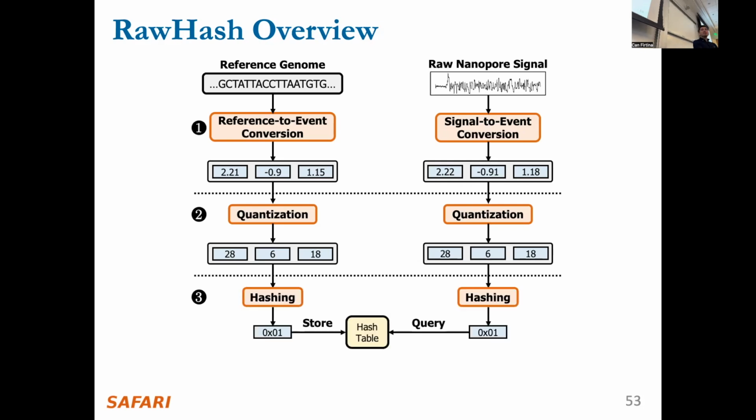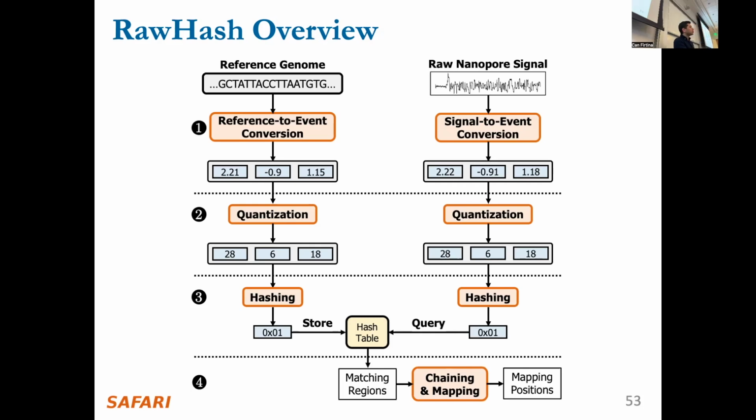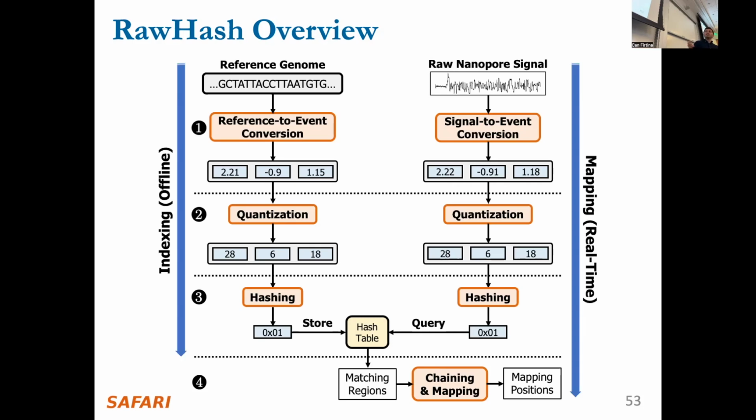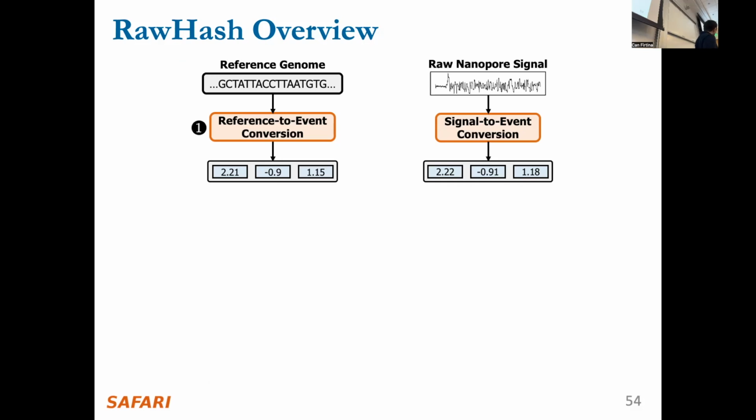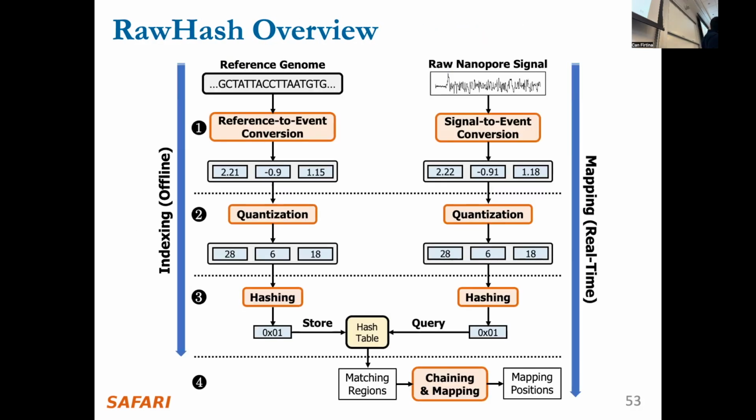And then we generate hash values from these almost noise-free values, so that we can store these hash values in the hash table for the reference genome. Later, when we're generating the hash values from the reads, we can create the hash table so that we can do our usual chaining and mapping steps that we do in Minimap2, for example. The steps here on the left are an offline step, just a one-time task for each reference genome. And the step on the right is the real-time analysis part.